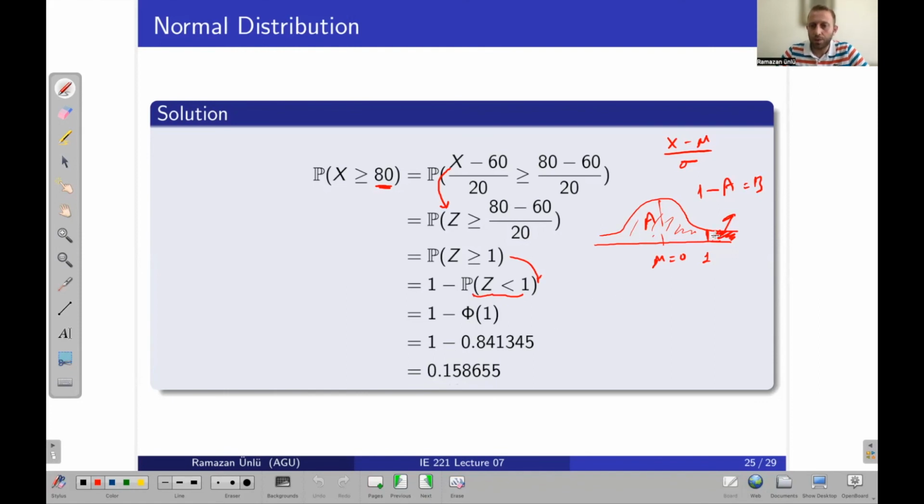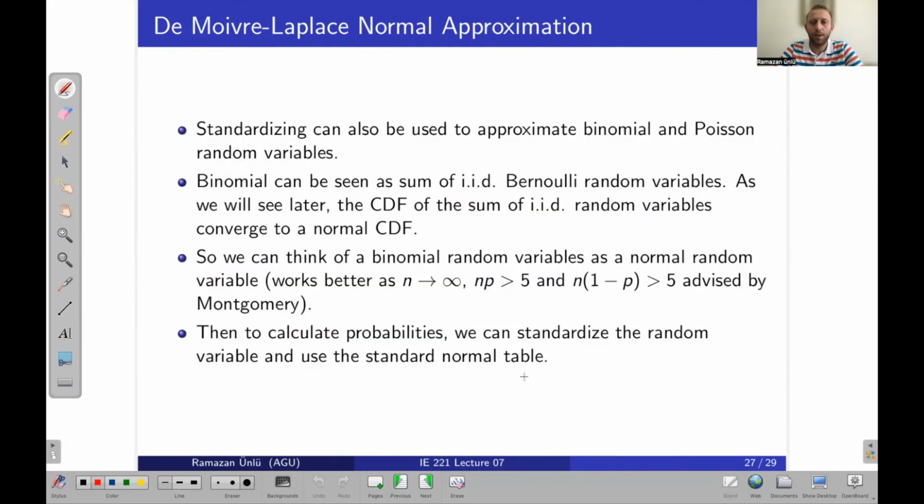So the area of this region, in other words the probability that Z is greater than or equal to 1, is equal to this value. This is how we use the standard normal table for any normal random variable. This is the end of part 2. Thanks for watching, and we will continue.